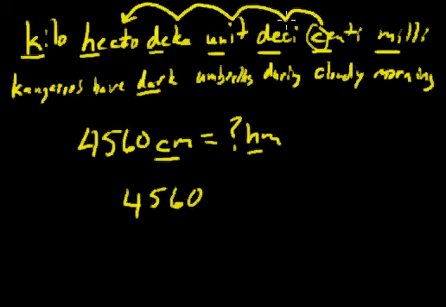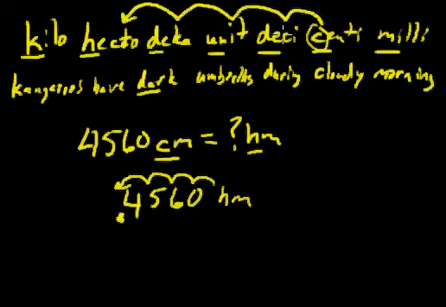And so by moving the decimal place over 1, 2, 3, 4 places to the left, from its original position at the end, we now have converted from centimeters to hectometers by simply moving the decimal. And the reason we can do that is because each move is moving by a factor of 10.